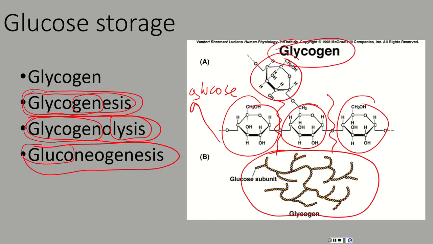Gluco for glucose or carbohydrates. Neo, new. Genesis, again, formation of. So formation of new sugars. Gluconeogenesis is the formation of carbohydrates from non-carbohydrate sources, such as fats and proteins.